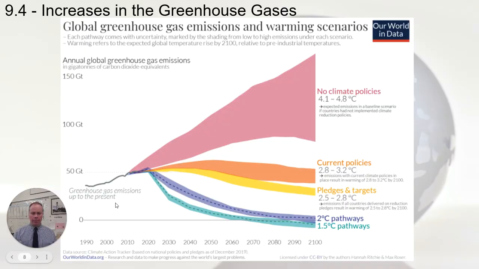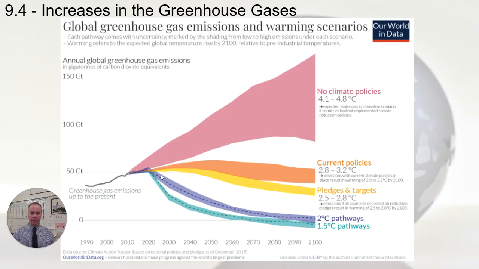Based on current policies that are in place by countries in terms of reducing emissions, we have this orangish section, which would result in a warming of somewhere around 3 degrees Celsius. If countries can meet their pledges and targets that they've made through things like the Paris Accords, then we might take this yellow pathway, reducing that warming to 2.5 to 2.8 degrees Celsius.